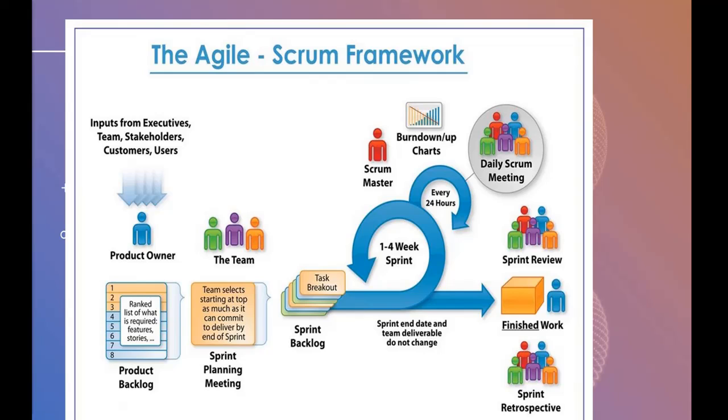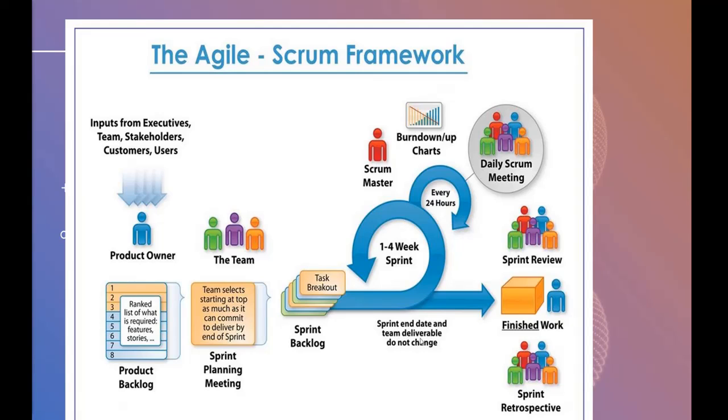So each bucket is the sprint. So sprint backlog means you are taking some tasks 1, 2, 3. You say okay, we will complete these 1, 2, 3 tasks this sprint, and this sprint can be 1 to 4 weeks. That means minimum 1 week and maximum 1 month.